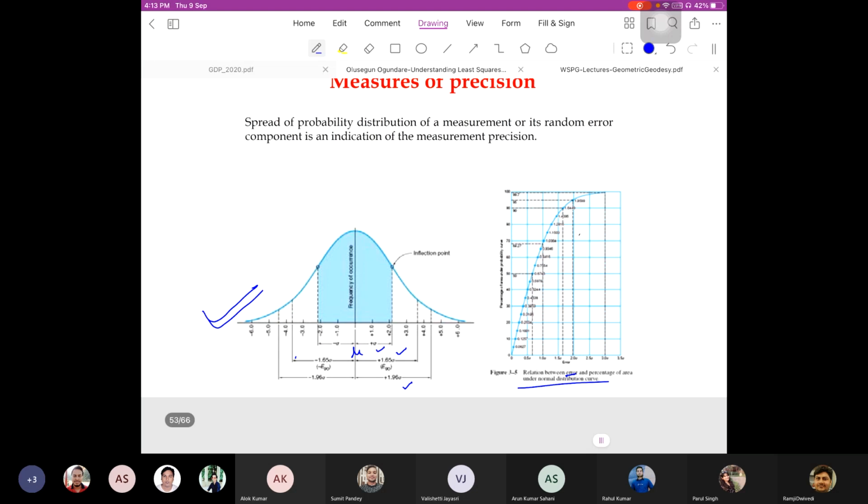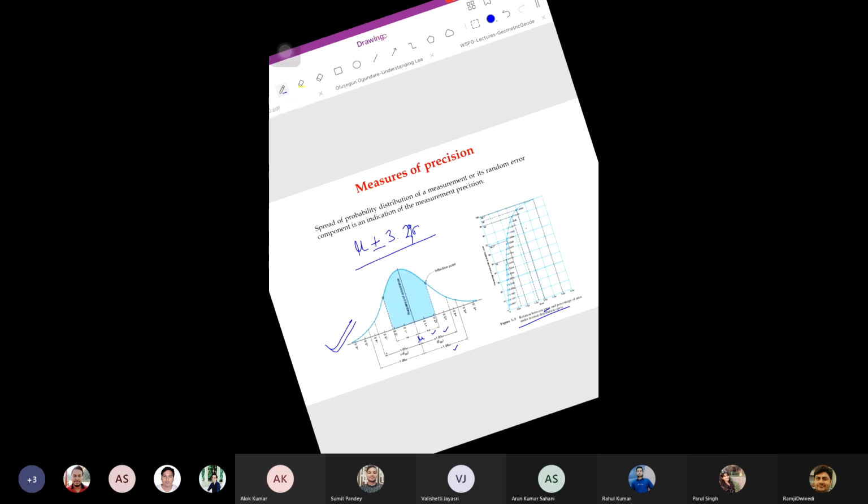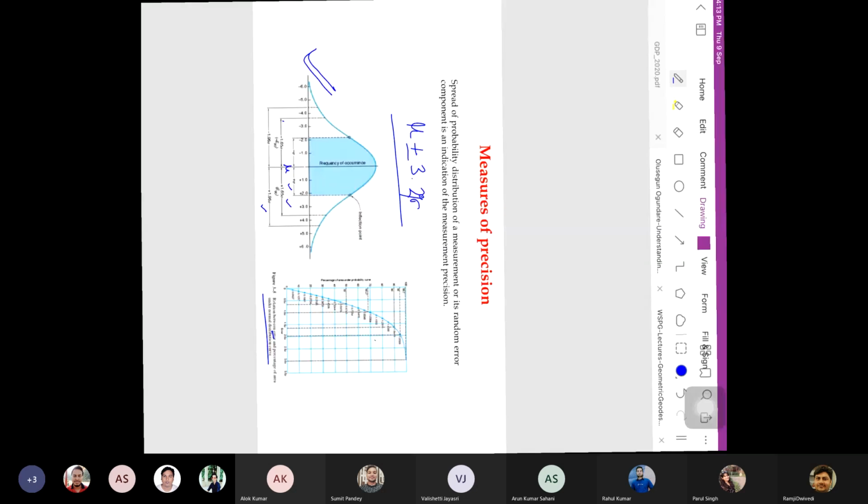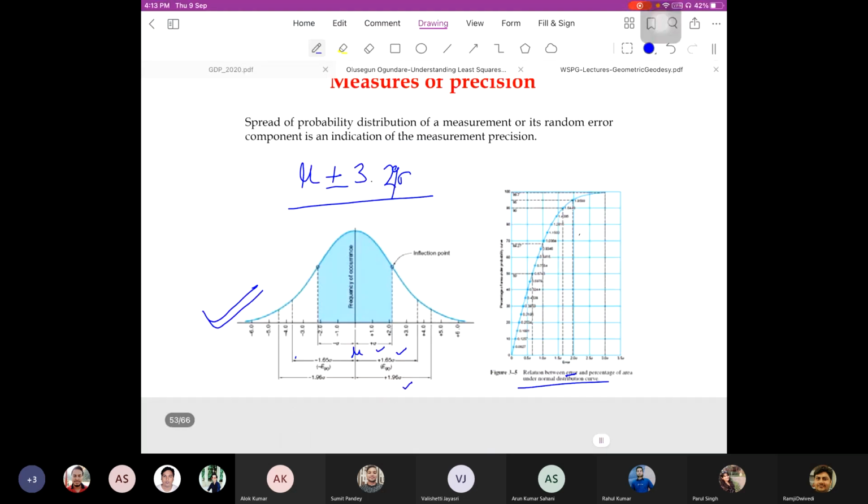And many times we have known that outliers would be detected by mu plus minus 3 sigma. Generally, in theory, it is written that way. Nowadays, people have changed this understanding, and a new concept of outlier detection has arrived, and people don't follow this criterion anymore.